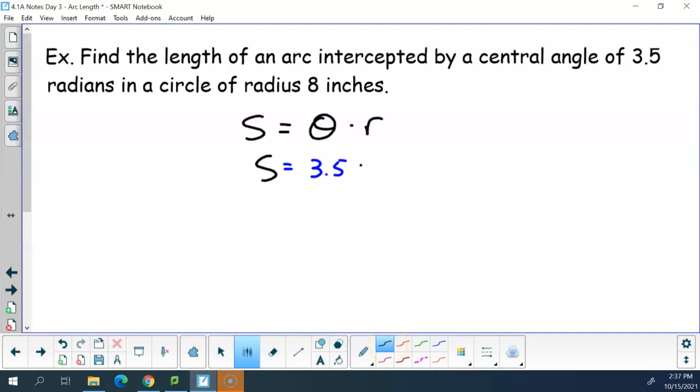My radius is 8. 3.5 times 8, is that 28? Correct. So s, my arc length, is 28 inches.